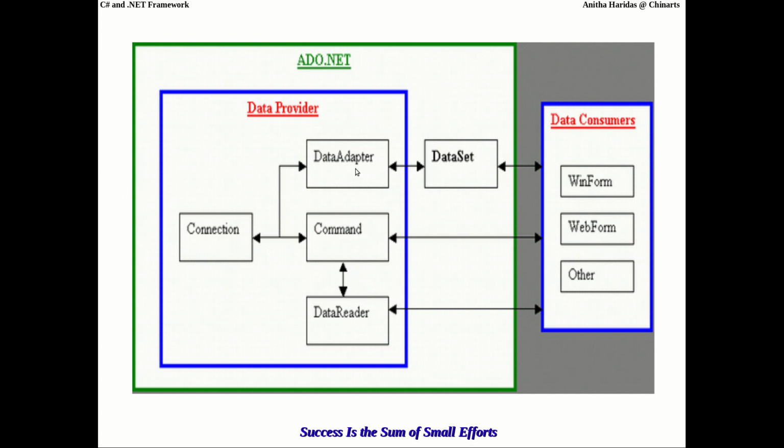So whatever you are manipulating is done directly on this database. Whereas here, what you do? Using the data adapter, you retrieve a set of tables or records and store them in a data set. Then you disconnect from the database. You close the database connection. Now what will the application do? The application will be working only on this data set. All the manipulation will be done on the data set.